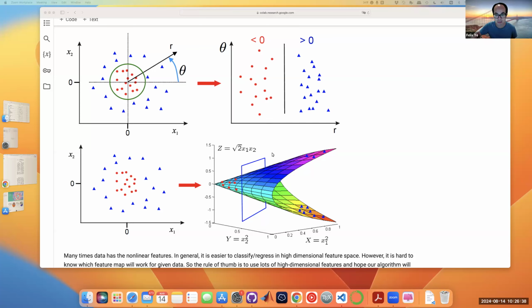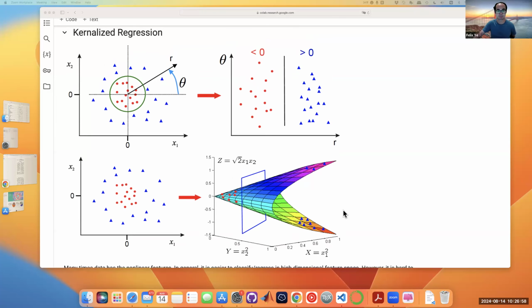With that, there's a possibility that we can come up with a plane in this 3D space that perfectly separates the blue points and red points. So you can see right here, this will be the red points, and this right here will be the blue points.